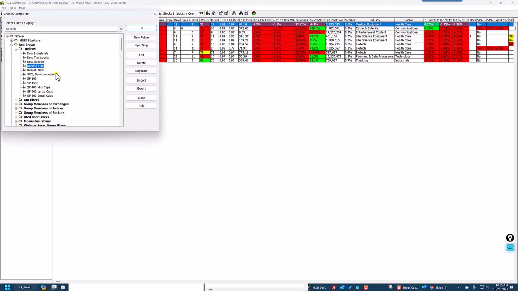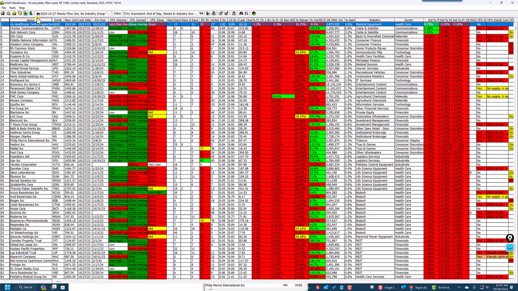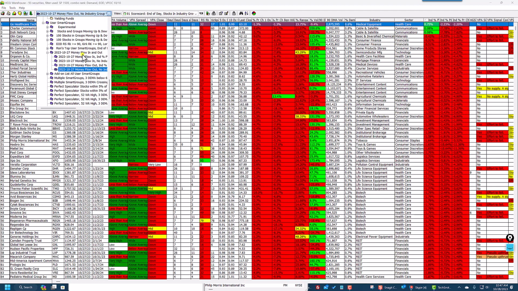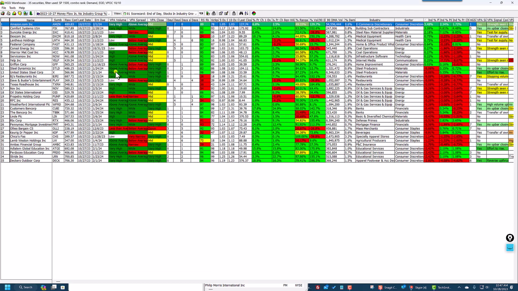And then I can quickly go to the S&P 1500, apply that filter, and see how many stocks out of the S&P 1500 were flowing out of the money flow out folder. And you can see it's 93. Now, if I go up to money flow in, only 35 out of the S&P 1500 were flowing in.